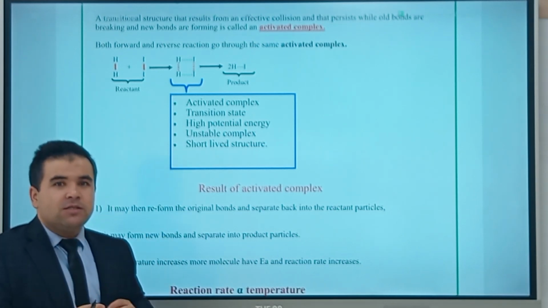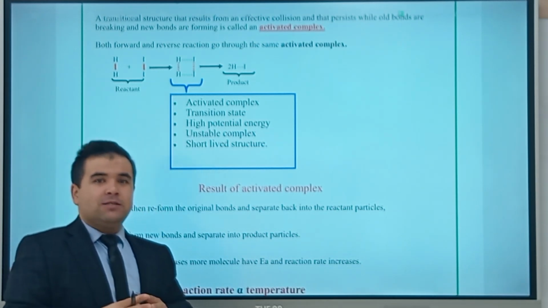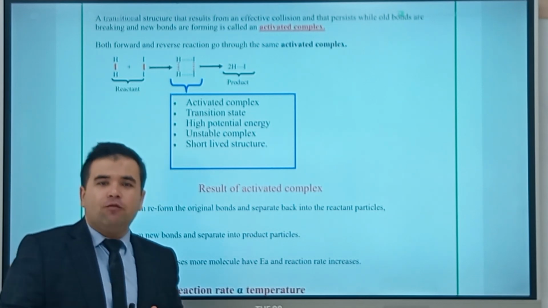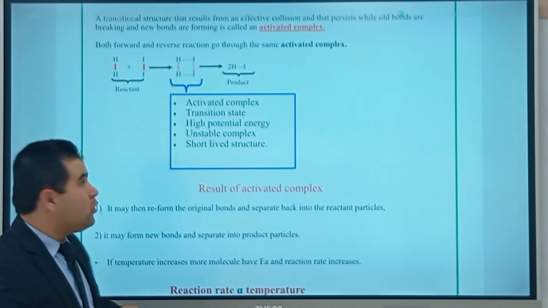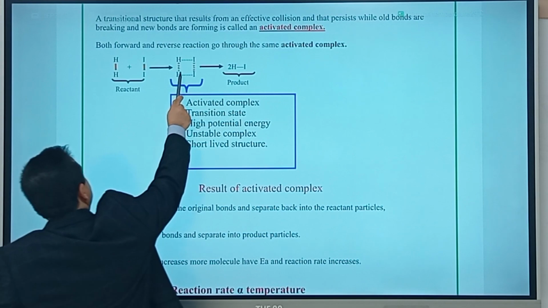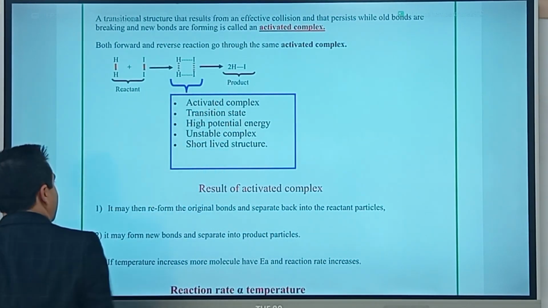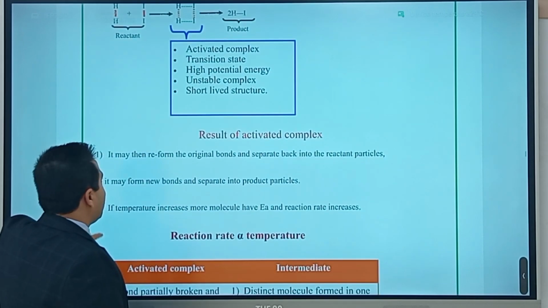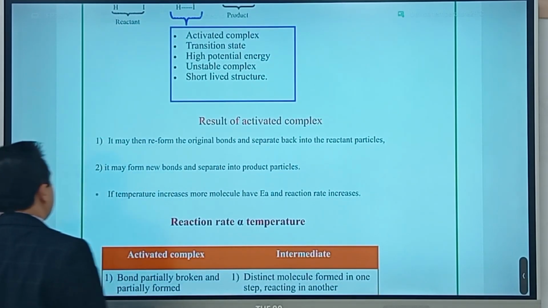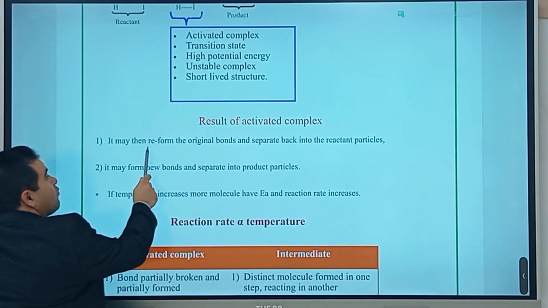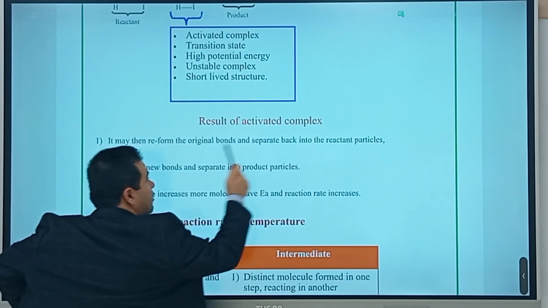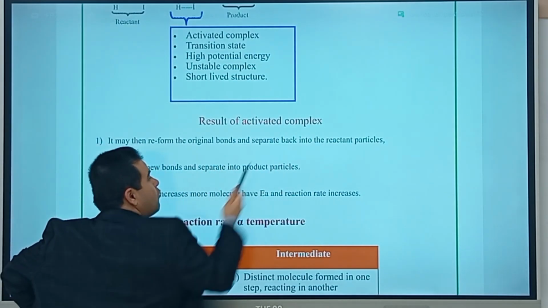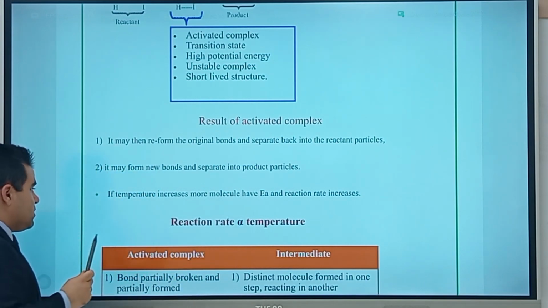The bonds at the activated complex are for both reactants and products, partially for reactant and partially for products. We cannot say that it always forms product or rebounds to reactant. It may reform the original reactant or may break down to form new bonds and new products.